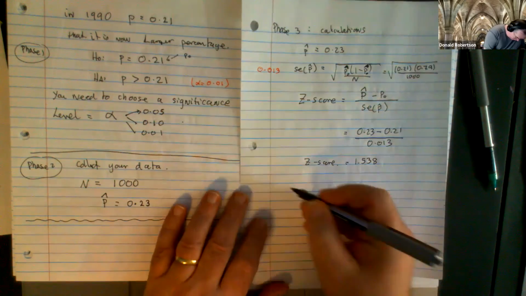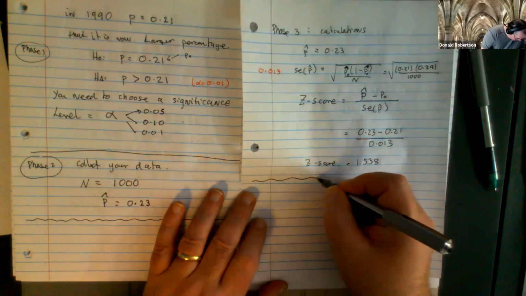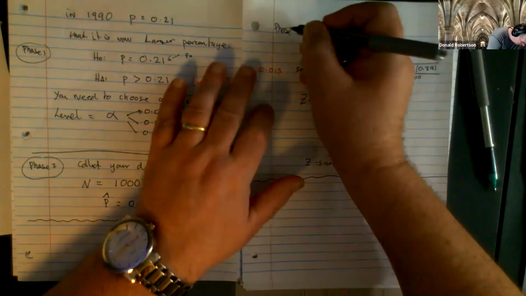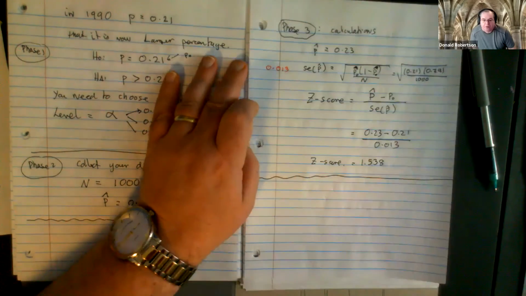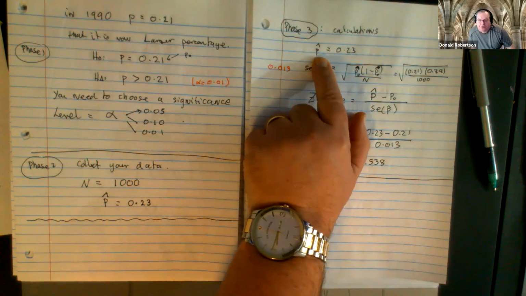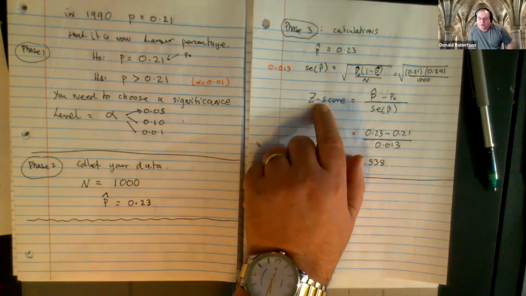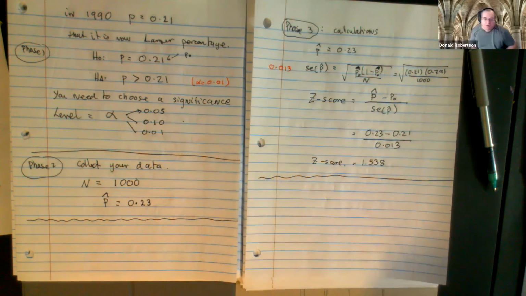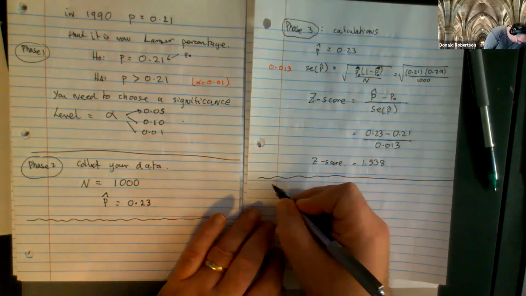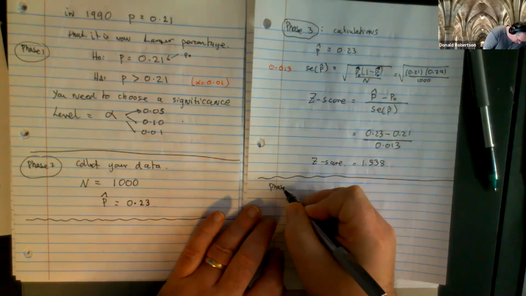So phase 3, we've done our calculations. We've got our p-hat, we've got our standard error, and we've got our Z-score. Phase 4.